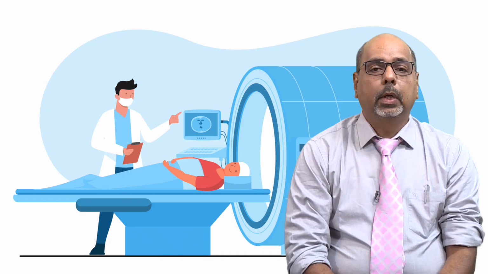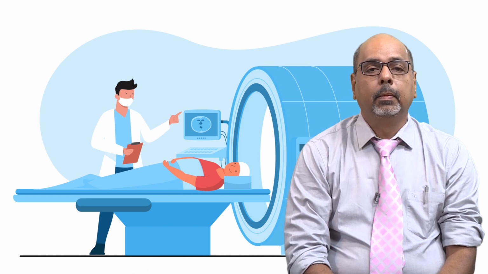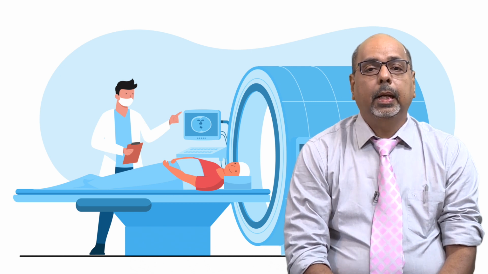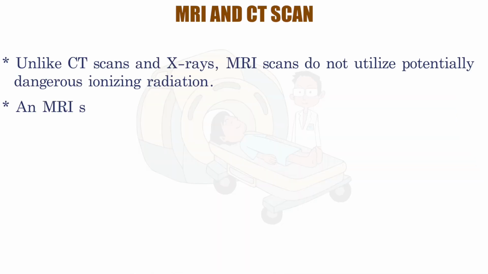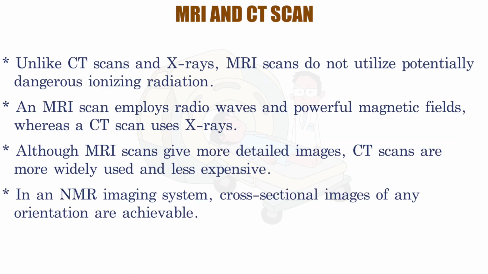Now we are going to see the comparison of MRI and CT scan systems. Unlike CT scans and X-rays, MRI scans do not utilize potentially dangerous ionizing radiation. An MRI scan employs radio waves and powerful magnetic fields, whereas a CT scan uses X-rays.